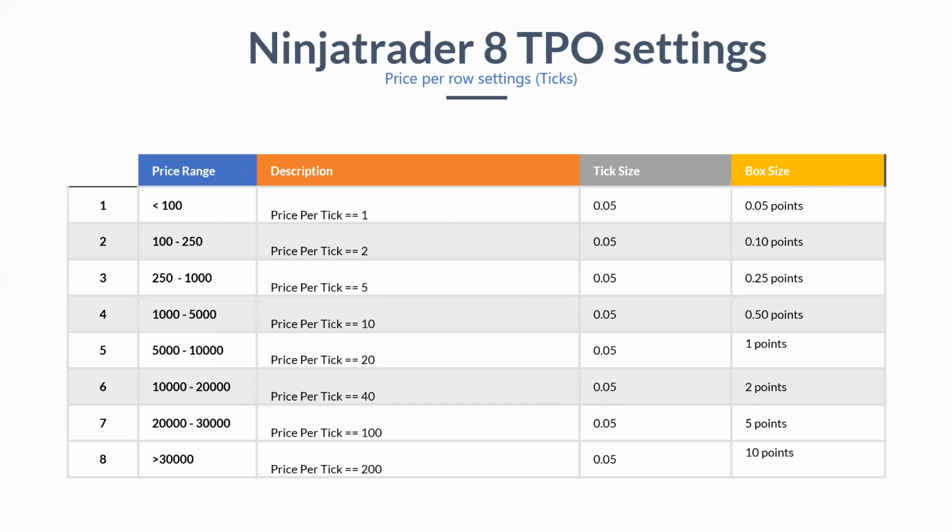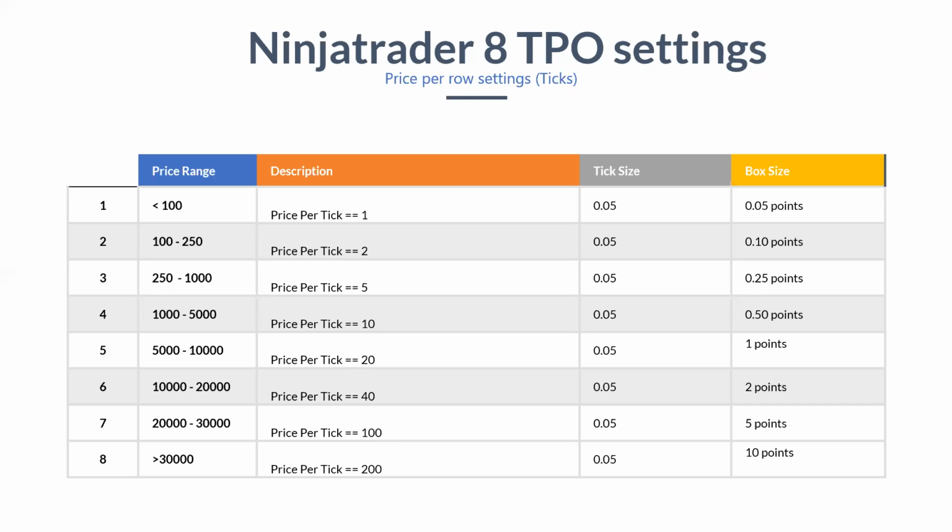So here are the recommended settings for different symbols. We have to use different TPO sizes. Generally, for Nifty, I'll be using 20 or 40 as the tick size. That means every 1 point or 2 points, I will be plotting that brick size. Basically, that is what I'll be using the majority of the time. For something like Bank Nifty, I'll generally be using 5 TPOs or 1 TPO.